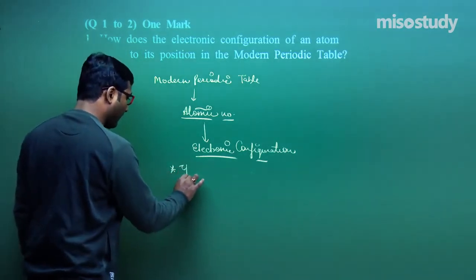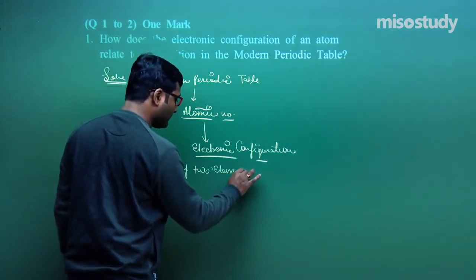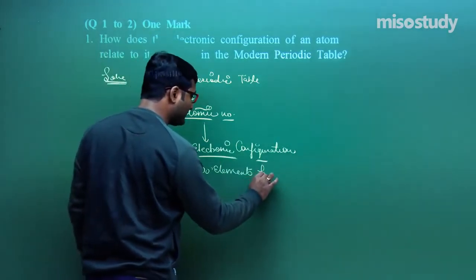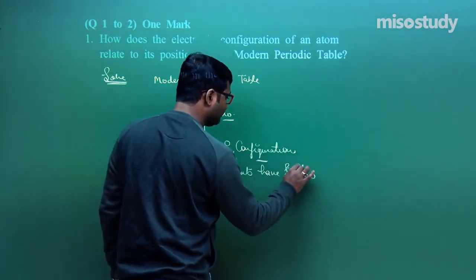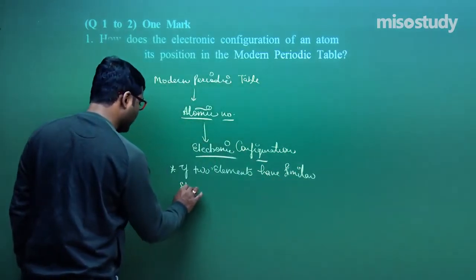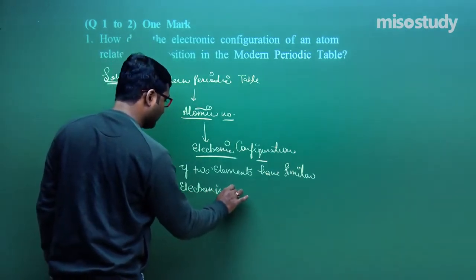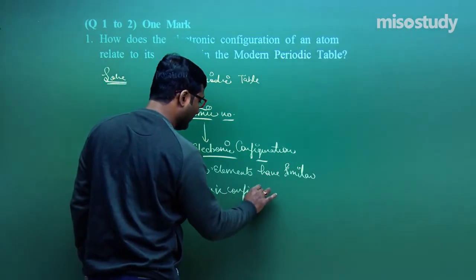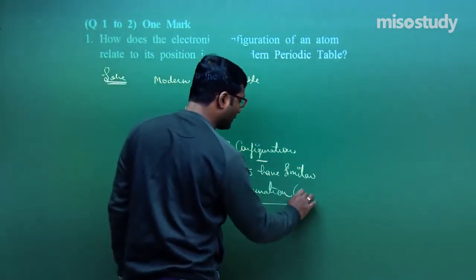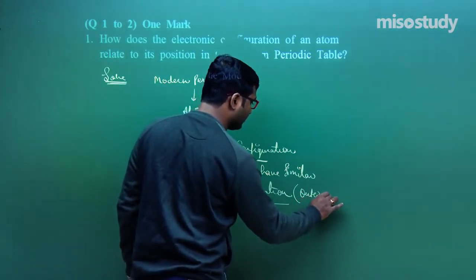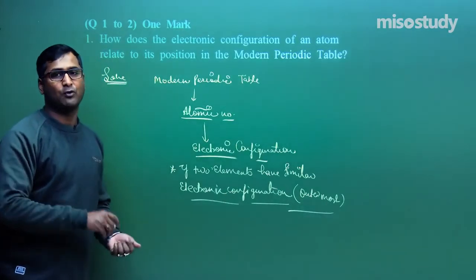If two atoms, or you can say two or more elements, have similar electronic configuration, that is similar outermost electronic configuration, then they are placed in the same group and will have the same properties.